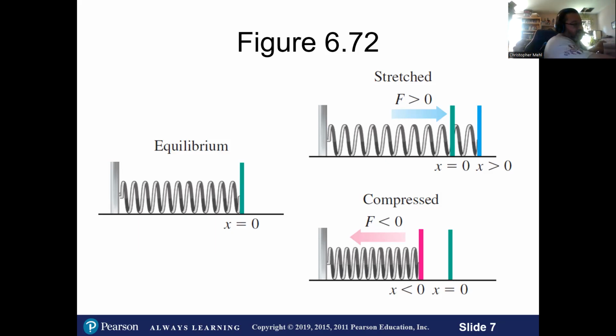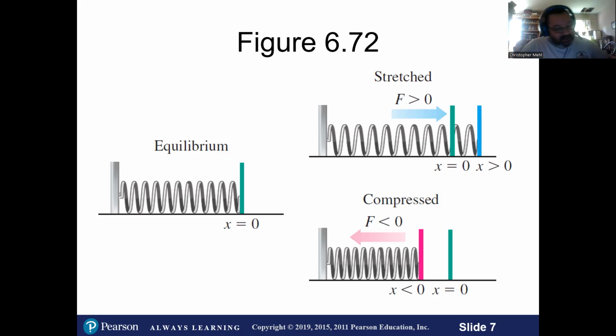Springs follow something called Hooke's law. According to Hooke's law, the force required to keep the spring compressed or stretched, so if we compress it and then hold it, or stretch it and then hold it, the force required to keep the spring in a compressed or stretched position x units from equilibrium is f of x equals k times x.